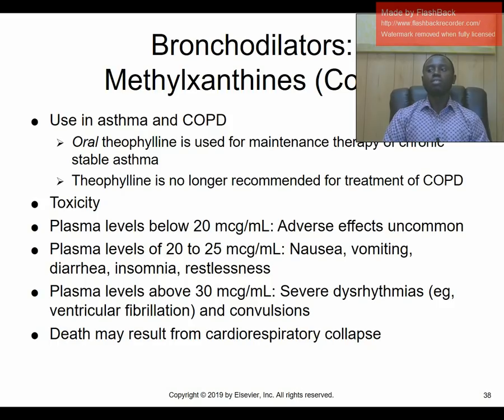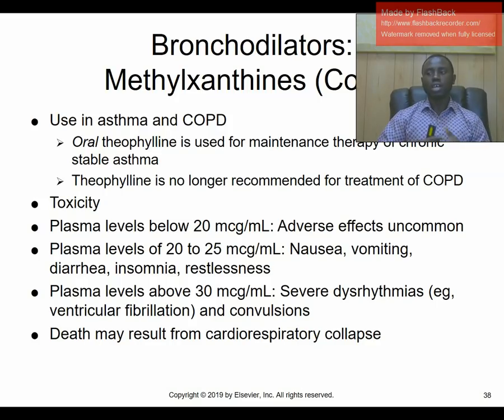And oral theophylline was previously used as a maintenance therapy of chronic stable asthma. But as I said, because of the narrow therapeutic index, it is now considered not to be as safe because there are many other options.